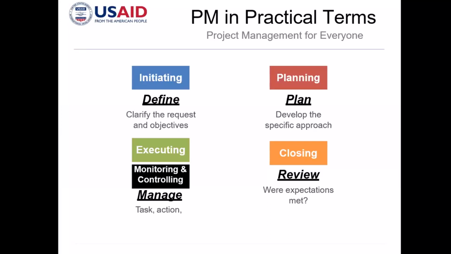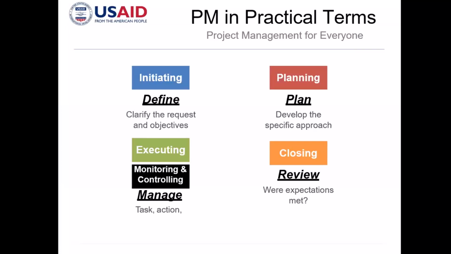Here you will have to develop the specific approach on how you're going to deploy the project. For example, are you going to do it in phases? Are you going to do a pilot before you do the rollout? So these are all the things that you have to discuss during the planning stage.